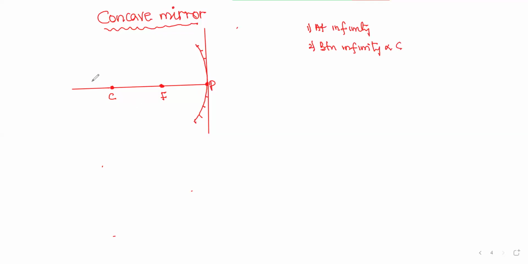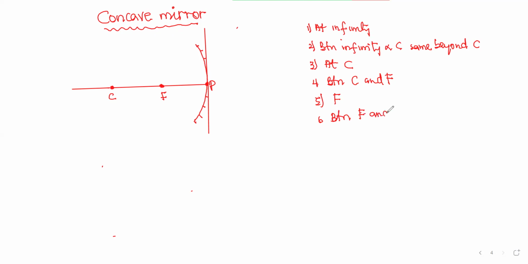When the object is behind C or beyond C, it means it is between infinity and C. So between infinity and C is the same as beyond C. The object can be placed at C. Object can be placed between C and F. It can be placed at F. It can be placed between F and the pole P.